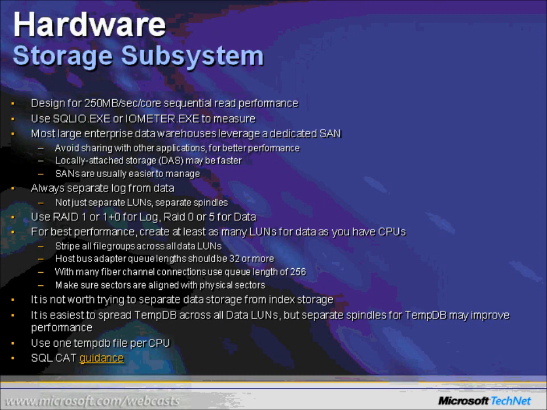So one core can process about 250 megabytes of data in the buffer pool per second. Having an I/O bandwidth of 250 megabytes per second per core will balance with that, so that you won't have queries be I/O bound or CPU bound. You want it to be balanced.